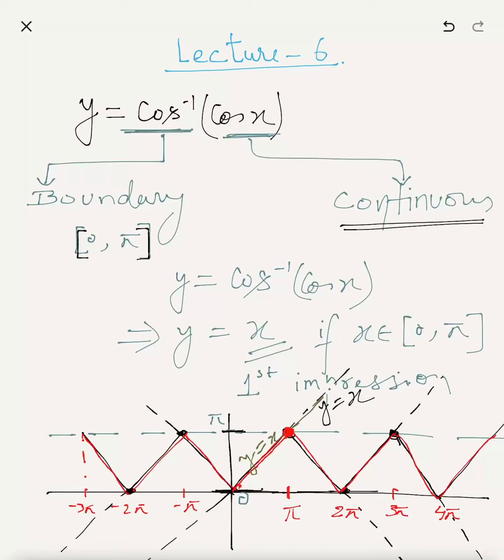So what was the rule I taught you? I taught you the rule that when graph is folded, how will we write the equation of new branch? It was 2 times of boundary minus graph. Let me show you.